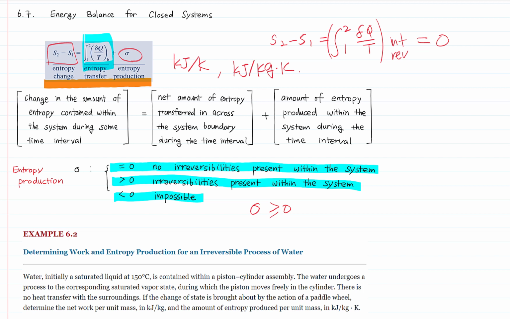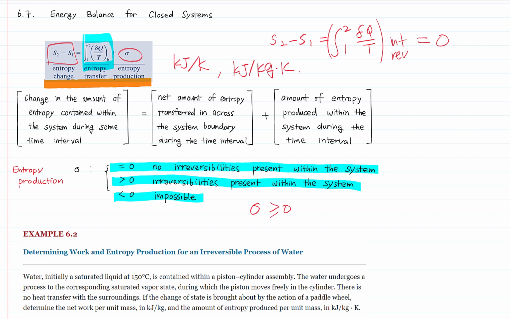The larger the entropy production, the higher the irreversibility of the process. In other words, the more inefficient the system. If the system produces work, the presence of irreversibilities will cause the work to be smaller.